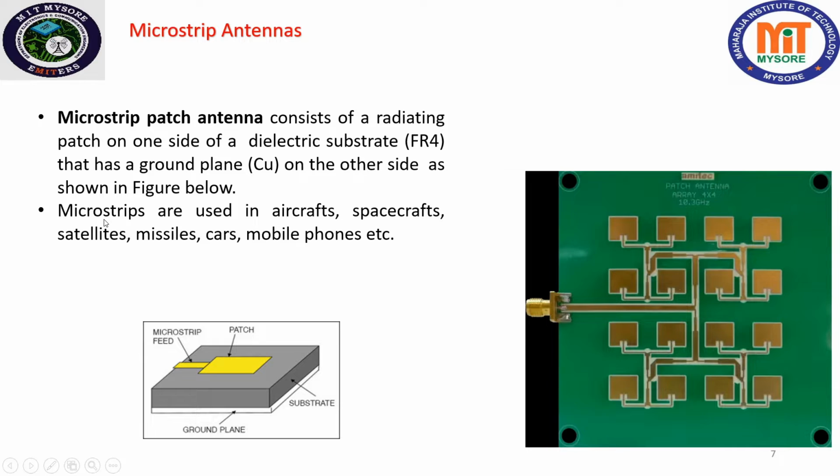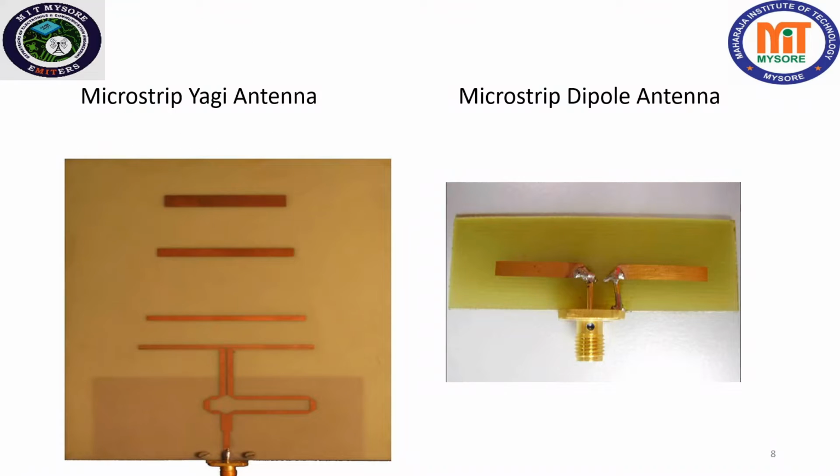Another point to remember is that microstrips are used in aircraft, spacecraft, satellites, missiles, cars, and mobile phones. So we can expect a range of applications from these microstrip antennas.